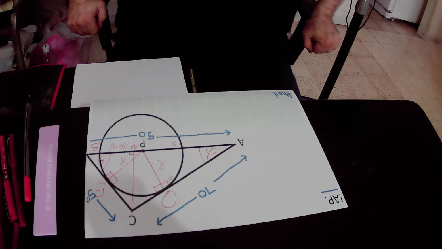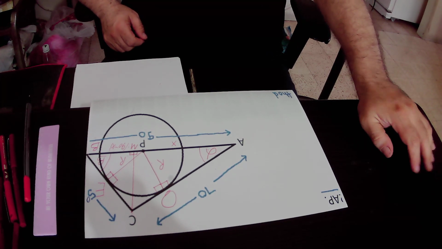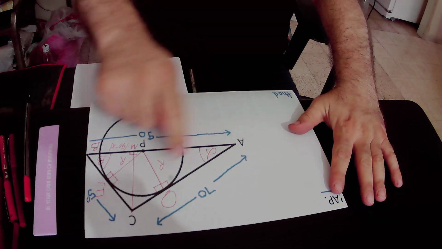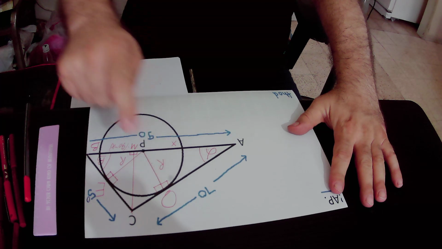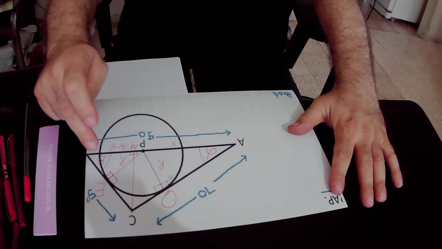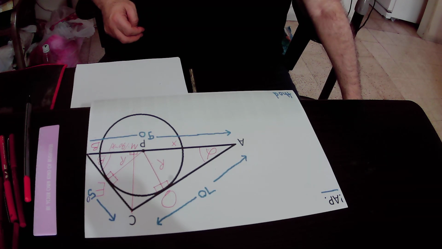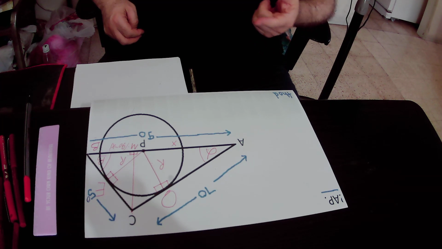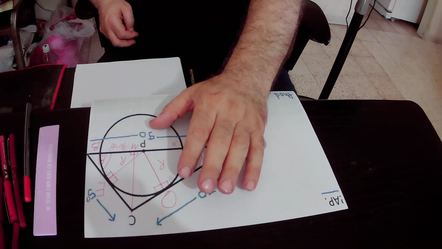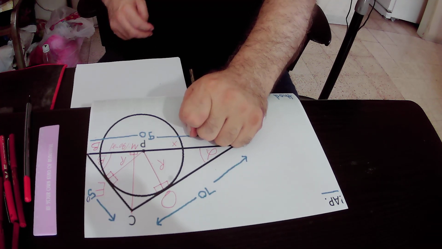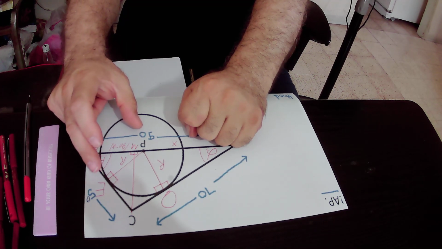And we have two tangents to this circle. The first tangent is AC. AC is tangent to this circle at point O, and CB is also tangent to this circle at point E. And we connected points P and O together. PO is the radius of the circle, and we connected also points P and E together.